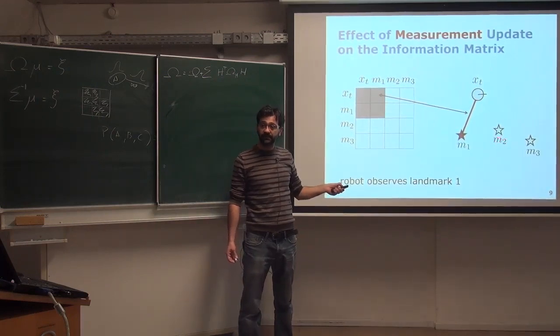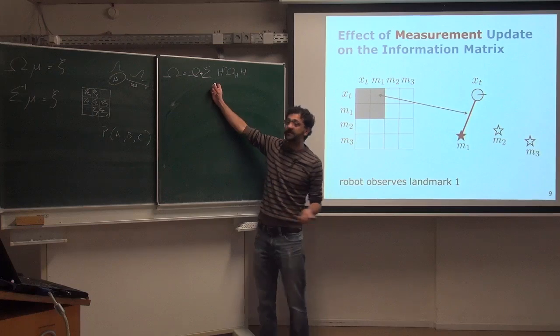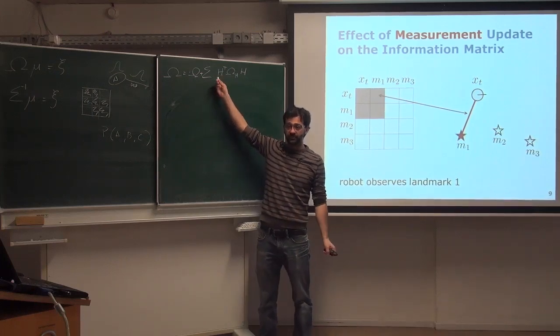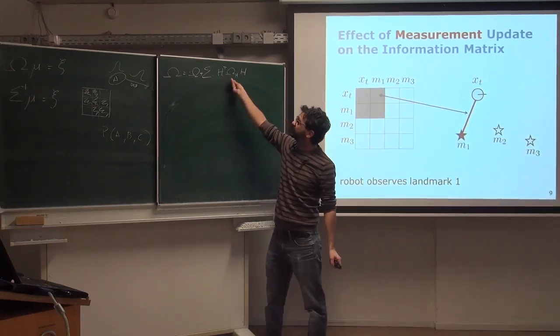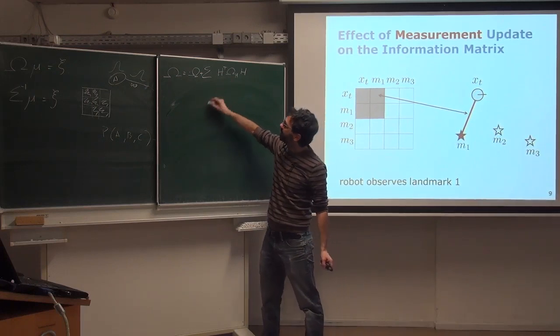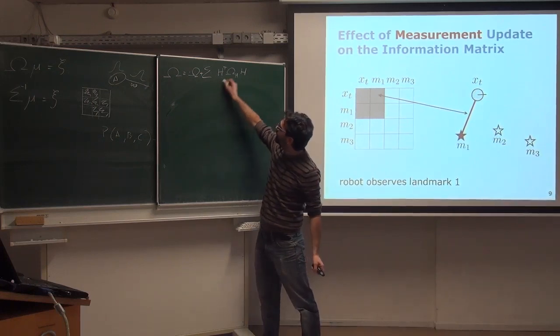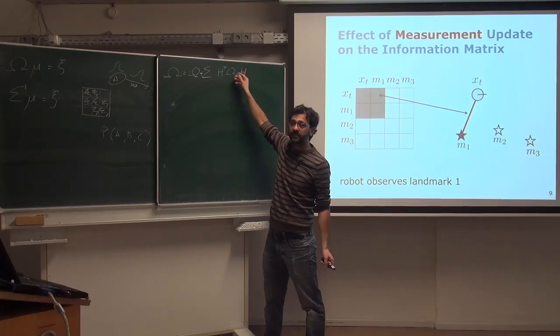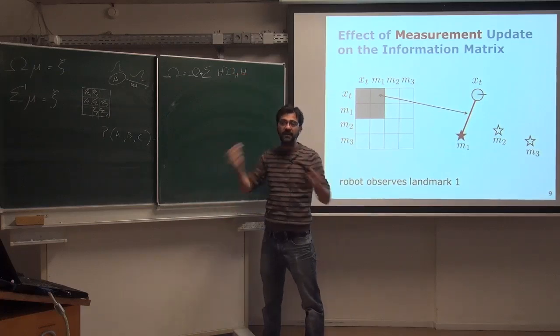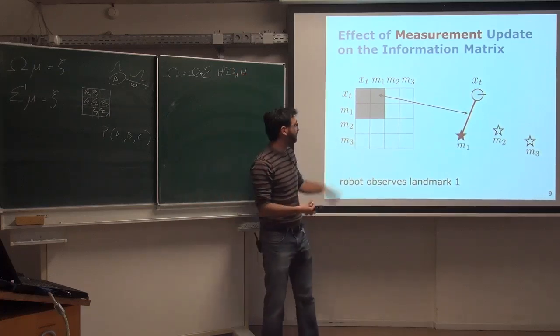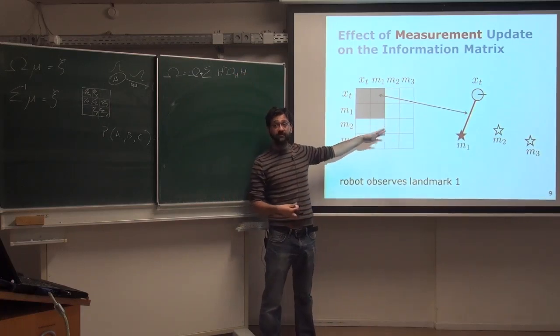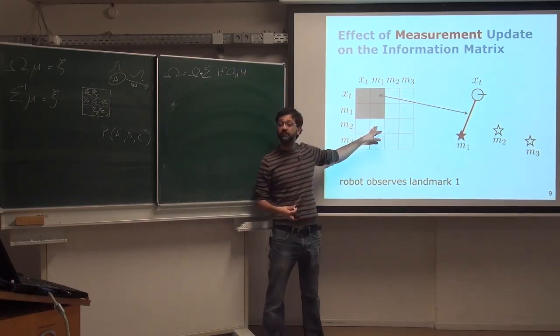But this is the update rule for the information matrix. There is a sum, so there will be something that depends on M1, plus something that depends on M2. But the order doesn't matter. So in case the order did matter, we should have already everything in here, right?